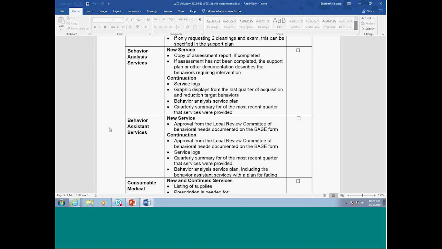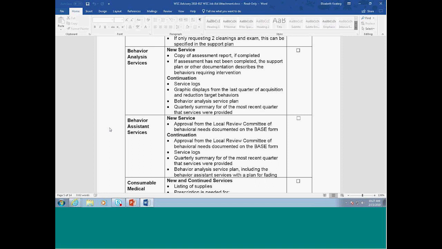One of the things with the behavioral services is that BASE form. The behavior analysis services eligibility form is required for certain services like behavior assistance services, behavior focused residential rehabilitation, or intensive behavior. That form is required.